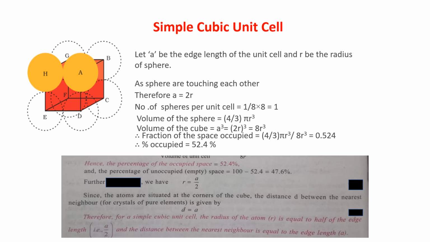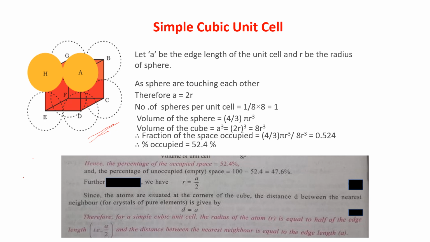For this, see the figure. Now in this figure, there are 8 atoms placed in 8 corners of a simple cubic unit cell. The two spheres H and A are shown prominently and the rest of the spheres are shown by dotted line. So we will talk about these two spheres because these are shown prominently to you.